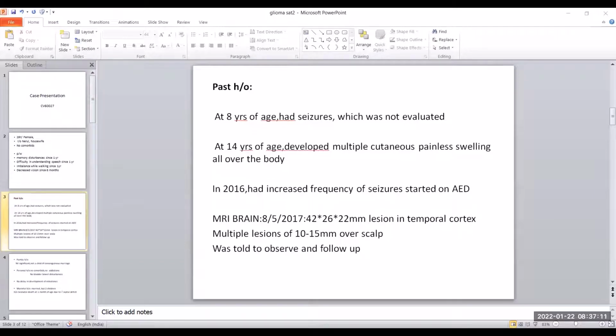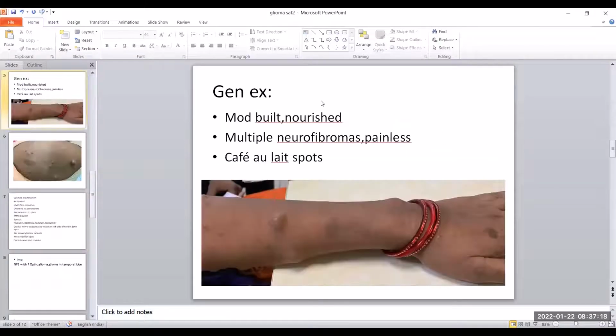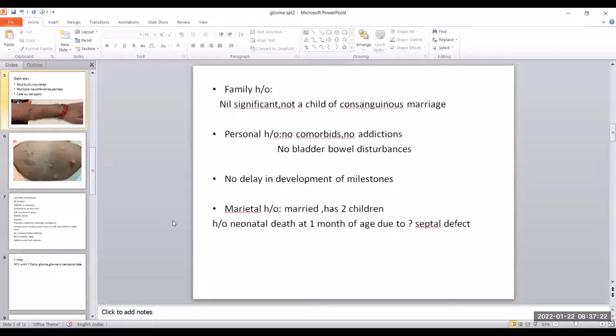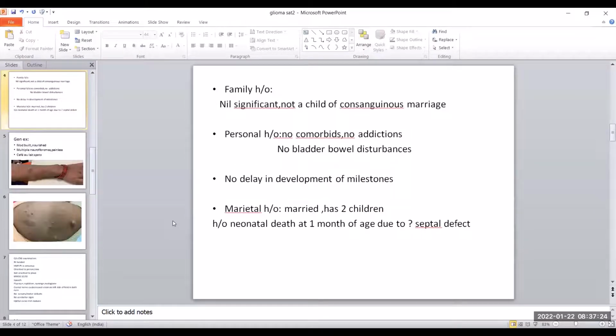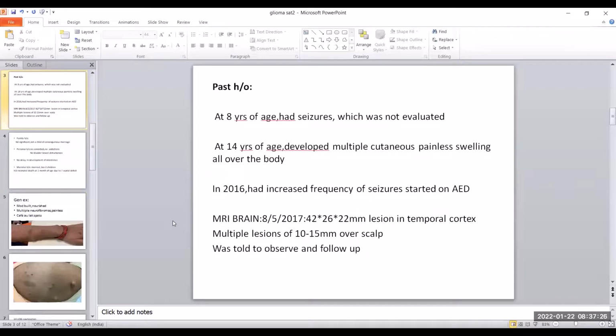Again your slides are not moving. Why are you not putting it on slideshow? Then show the slideshow. What is the use of just saying this? Monica, at the right hand bottom corner, at the extreme right, there's a small symbol. Click on that. It will go into slideshow mode.